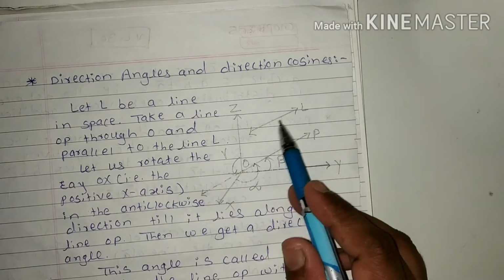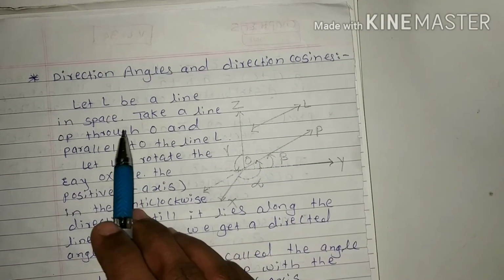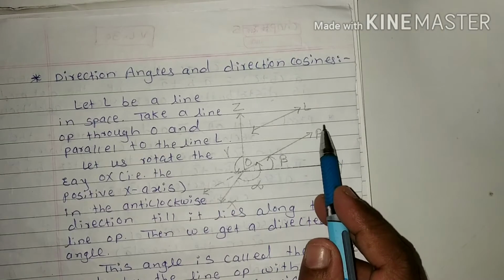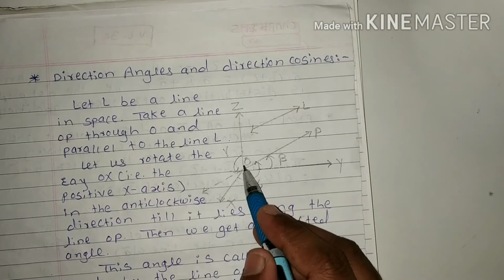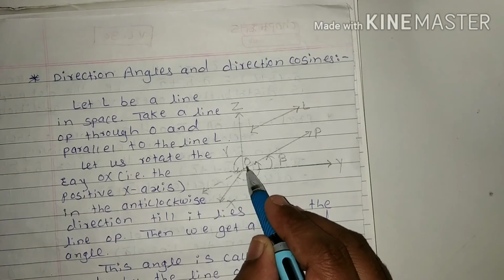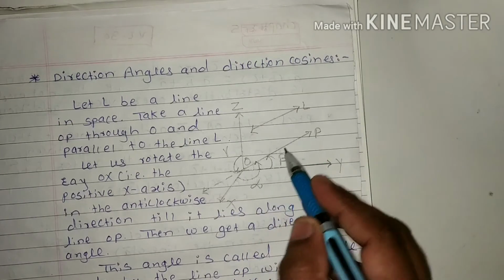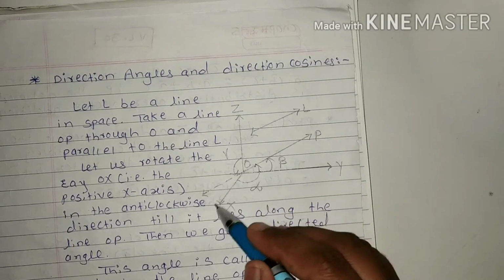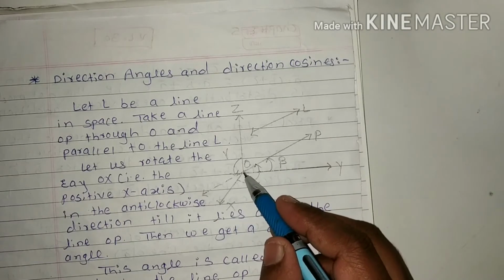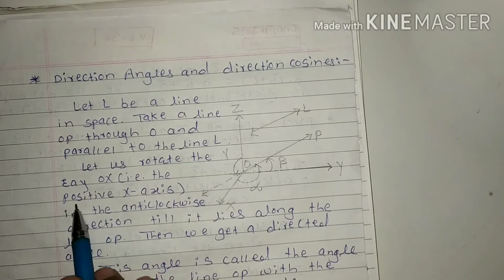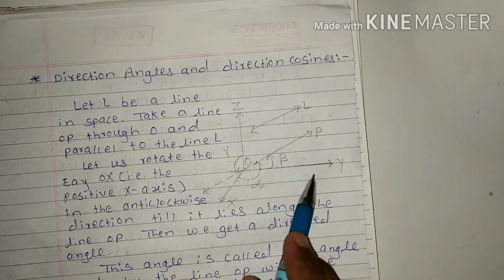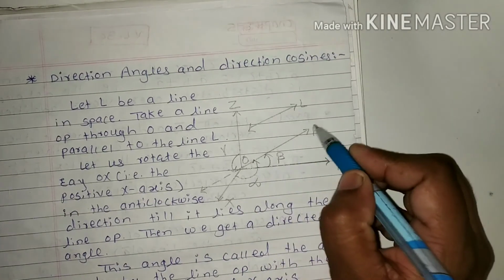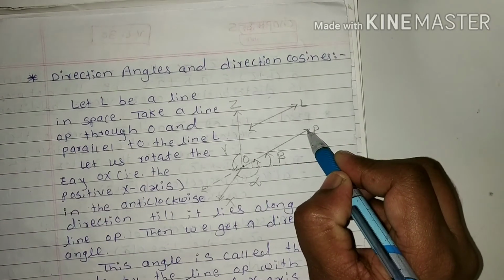Let us take a line L in space, and the line OP passing through the origin to the point P, with OP parallel to line L. Let us rotate the line OX, the positive x-axis, in the anti-clockwise direction till it lies along the line OP.